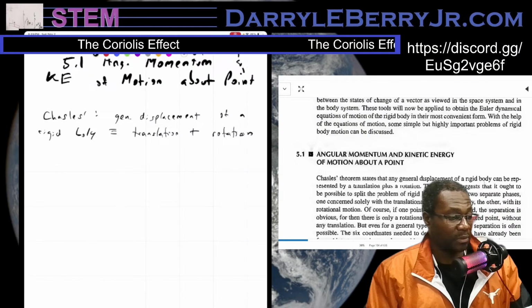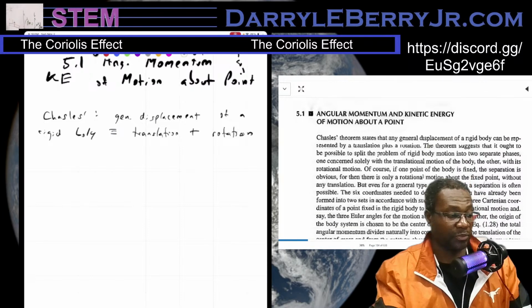Of course, if one point of the body is fixed, the separation is obvious, for then there is only a rotational motion about a fixed point without any translation. But even for a general type of motion, such a separation is often possible.